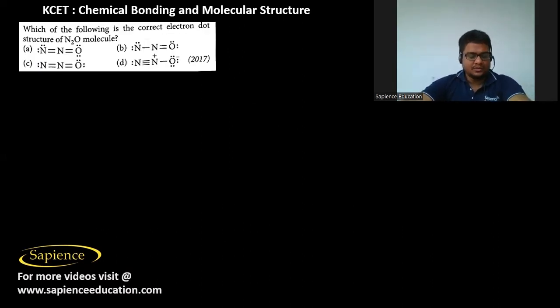Then here it is told which of the following is the correct electron dot structure of N2O molecule.